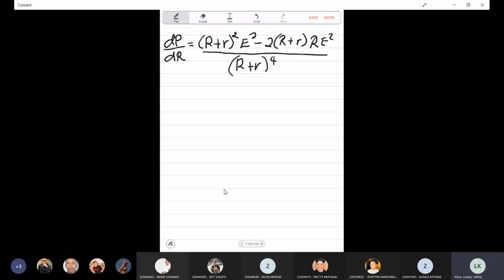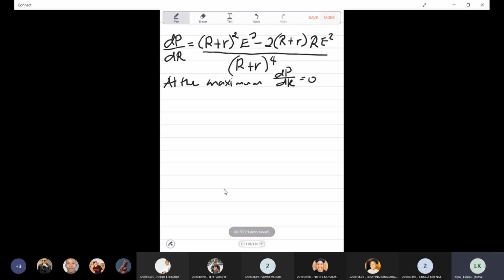Okay, so that is the derivative, and because we want the maximum, at the maximum, dP dR is equal to 0.